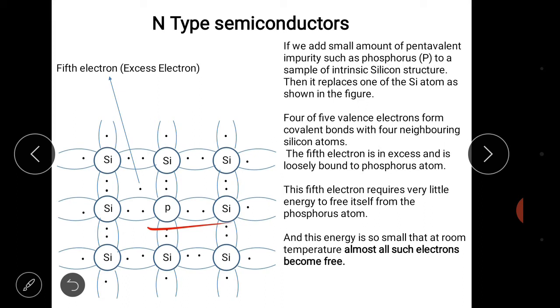The 5th electron is in excess and is loosely bound to the phosphorus atom. This 5th electron requires very little energy to free itself from the phosphorus atom. And this energy is so small that at room temperature almost all such electrons become free. For example, if we have added 100 phosphorus atoms, we will get 100 free electrons.